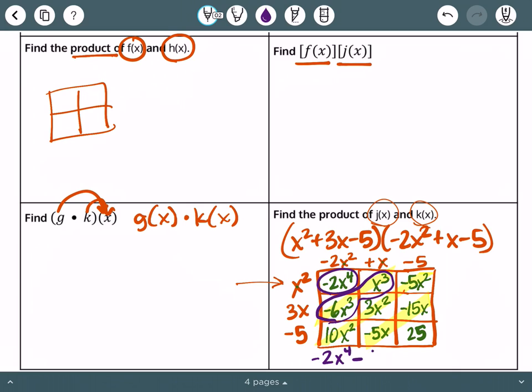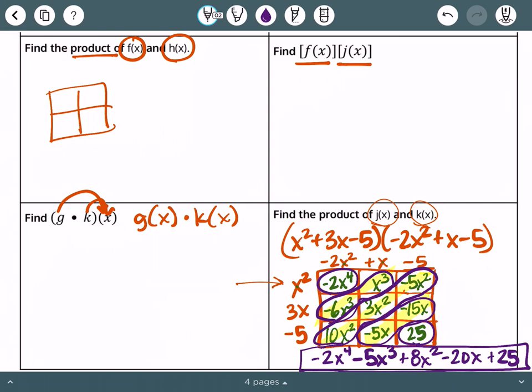So that would be negative 5x cubed. I have 10x squared plus 3 is 13 minus 5 is 8. So I have 8x squared. I have negative 15 minus 5 is negative 20x. And I have positive 25 here. That would be my final answer for this problem.